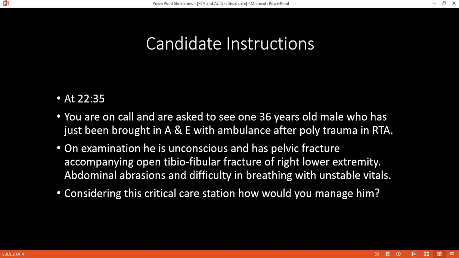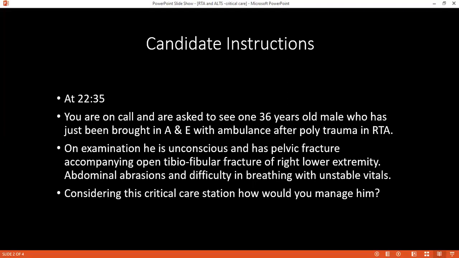Simultaneously I will look for the source of ongoing bleeding, and put a pelvic binder if patient is hemodynamically unstable and there is any pelvic fracture suspected.